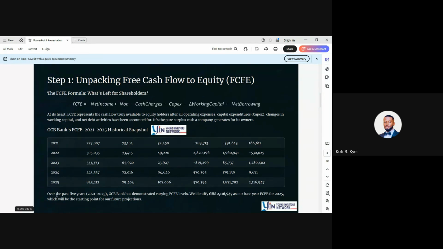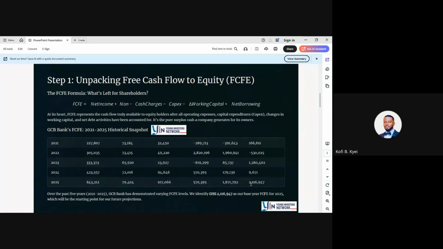So over the past 5 years, GCB has demonstrated varying FCFE levels. So we identify 211947 as our base year for 2025. So that is the free cash flow here, 211947. That is in 2025.